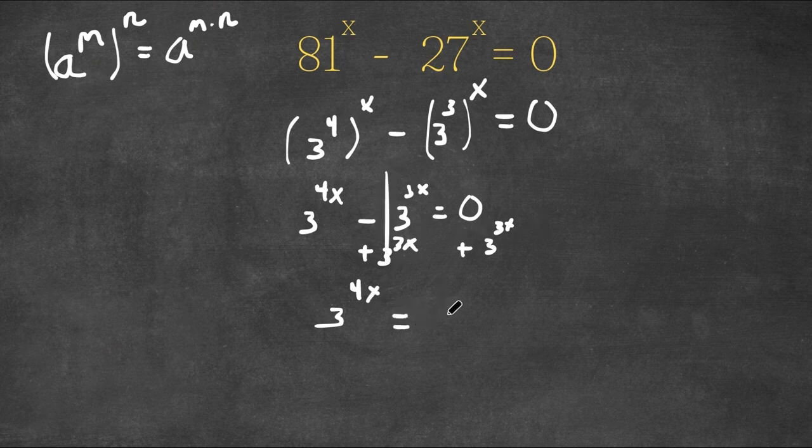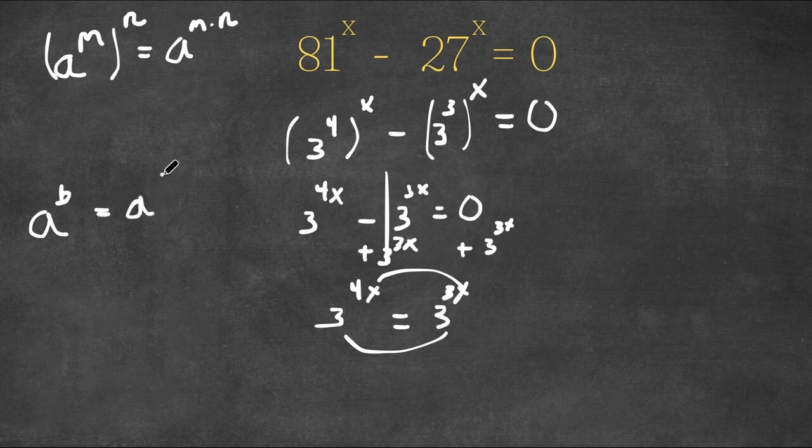Equals 3^(3x). Now, because these two bases are the same, this also means that the exponents here are the same as well. Because if we have a^b equals a^c, this means that b is equal to c.